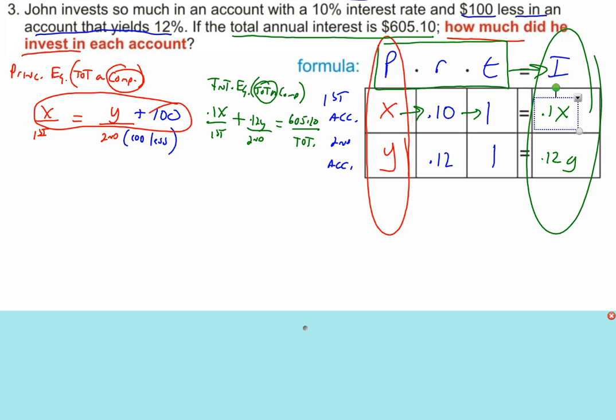All right, so I'm going to start working it. You can work it. All we're doing is subbing. And you're going to use your calculator because you got decimals. So again, I'm going to take that green equation. I have 0.1, and where the x is, I'm going to sub in what x equals, plus 0.12y equals 605.10.